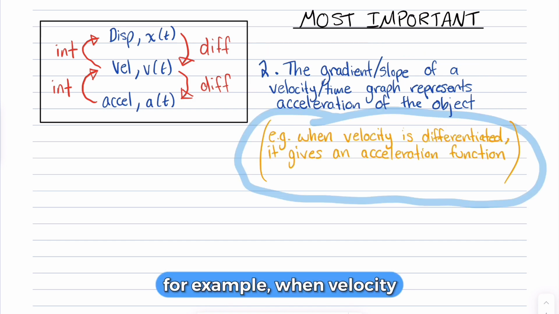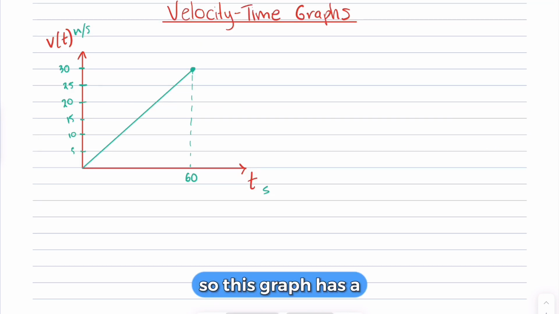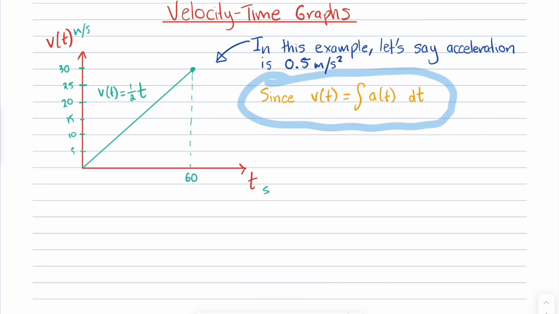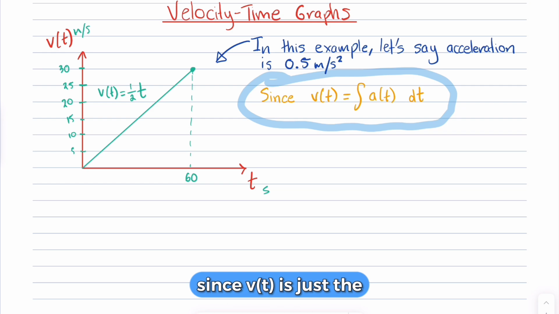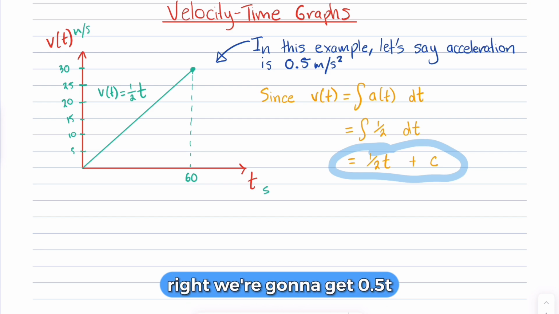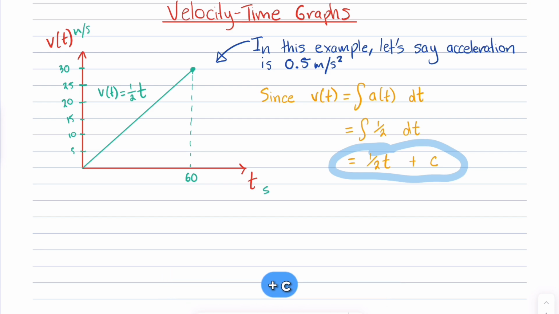For example, when velocity is differentiated, it gives us an acceleration function. So this graph has an acceleration of 0.5. So we can see that V(t) is equal to half t, and since V(t) is just the integral of acceleration, if we integrate a half, we're going to get half t plus c.